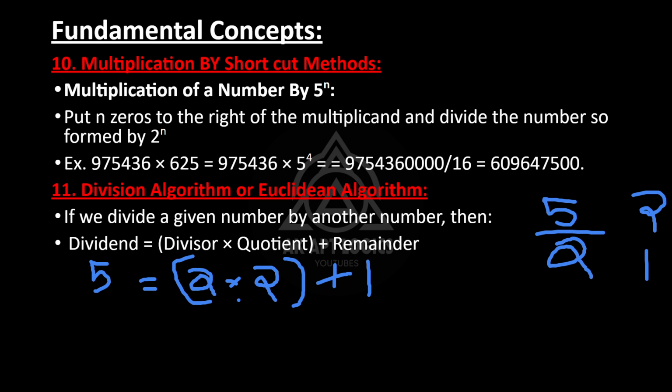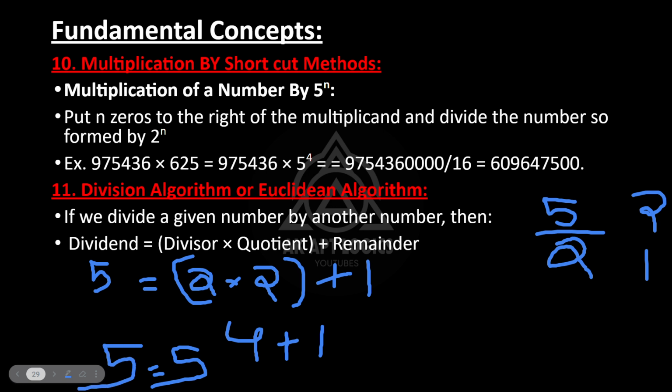In the parenthesis we have 2 into 2, the result will be 4, and plus 1 will be equal to 5. So 5 is equal to 5, right? So this is the rule of the Euclidean algorithm or division algorithm.